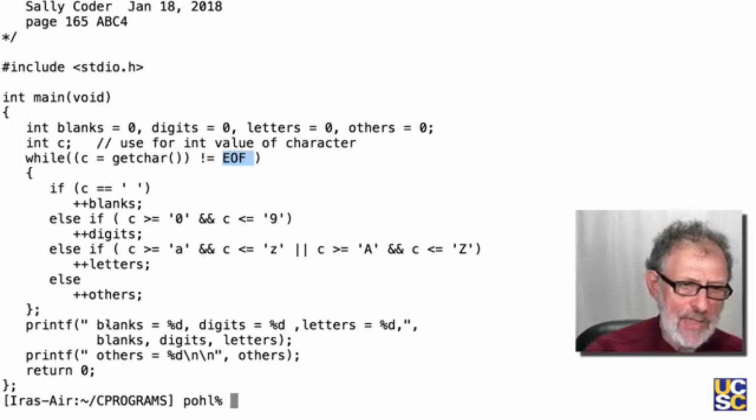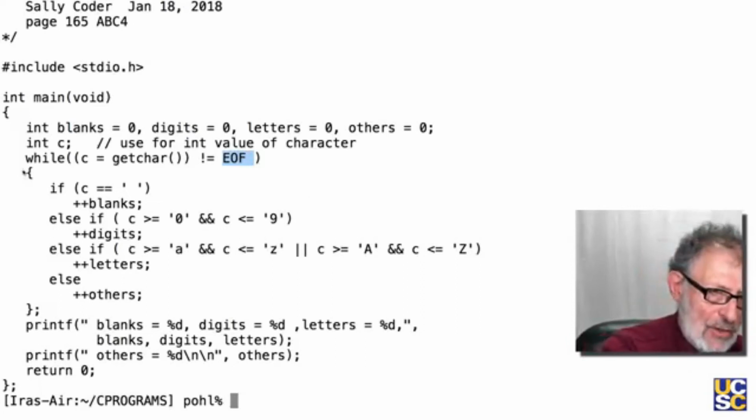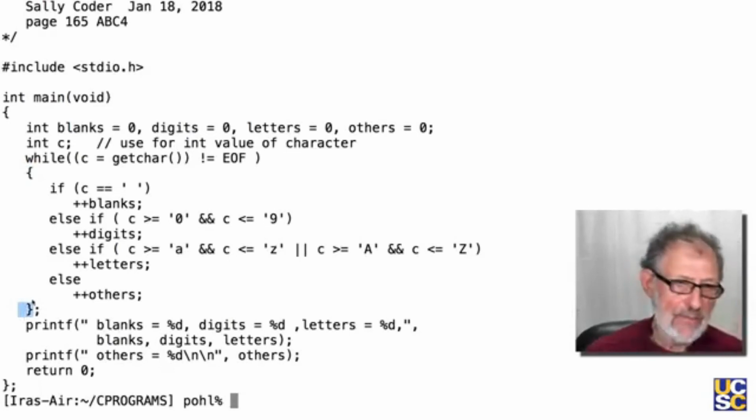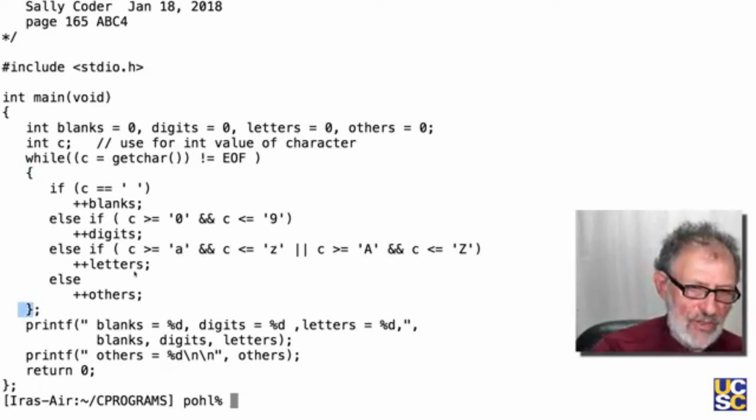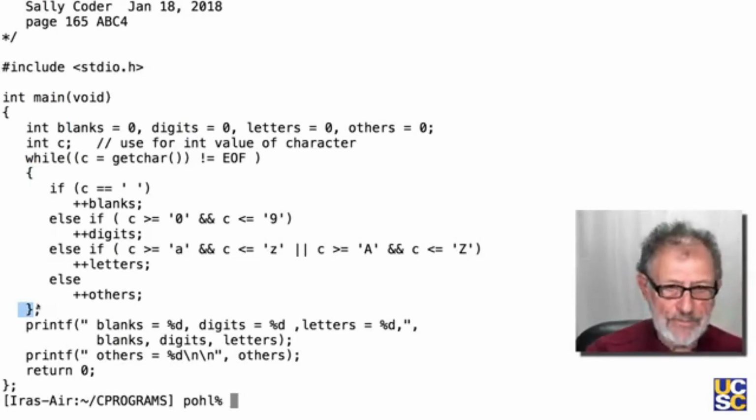Here we see a complex if-else-if statement inside the while loop. Notice I've made the while loop a compound statement, but that was unnecessary. It's just stylistically nice, even though this is actually a single if-else statement, so it was unnecessary.